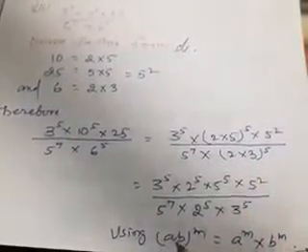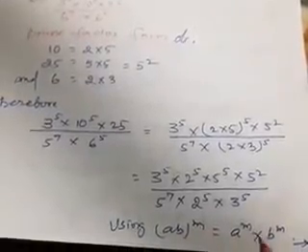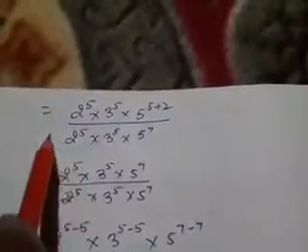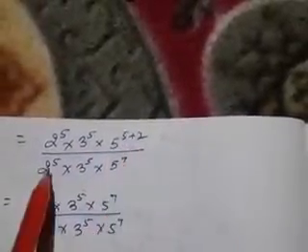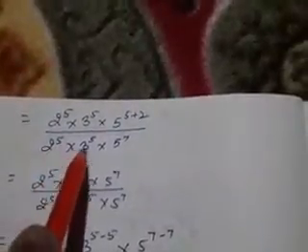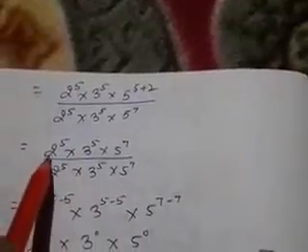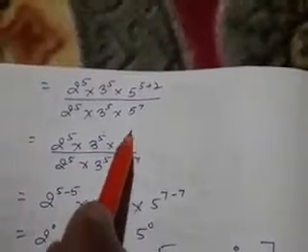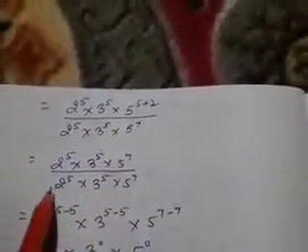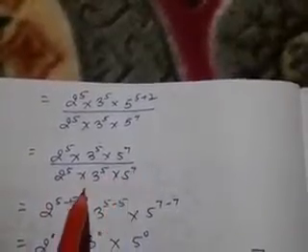Using ab to the power m is equal to a to the power m multiply b to the power m, this is equal to 2 to the power 5 multiply 3 to the power 5 multiply 5 to the power 5 plus 2, divided by 2 to the power 5 multiply 3 to the power 5 multiply 5 to the power 7.